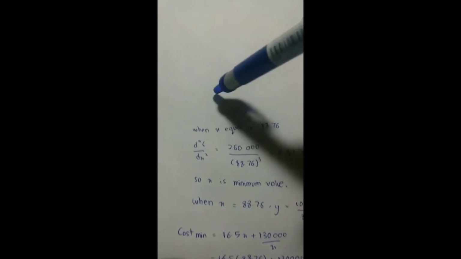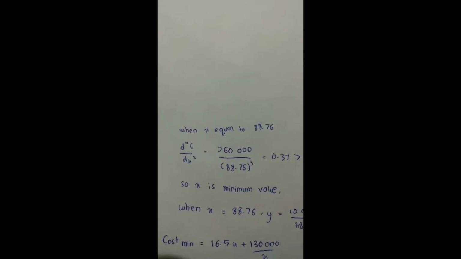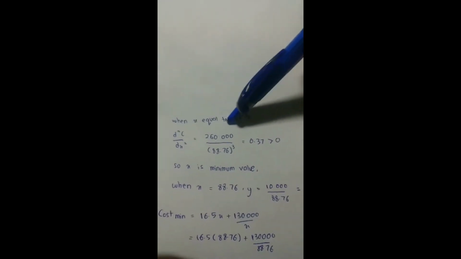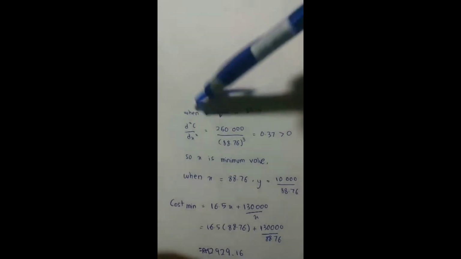Then we continue when x equals 88.76. Then we solve it, and we get the value is greater than 0. When the value is greater than 0, x is a minimum value.